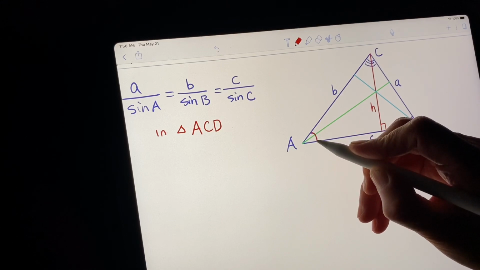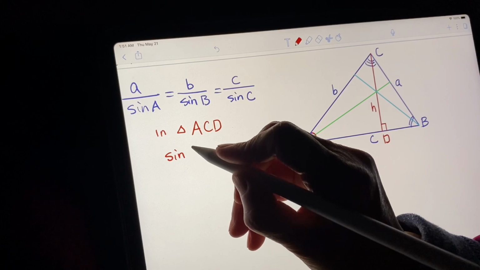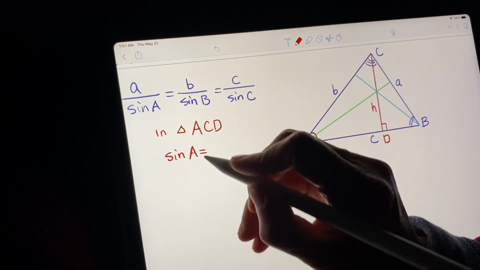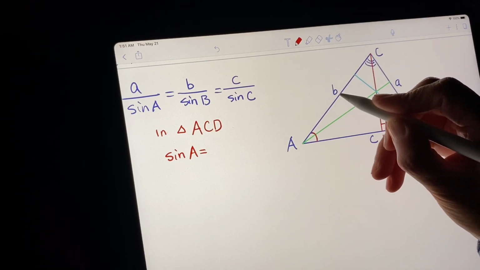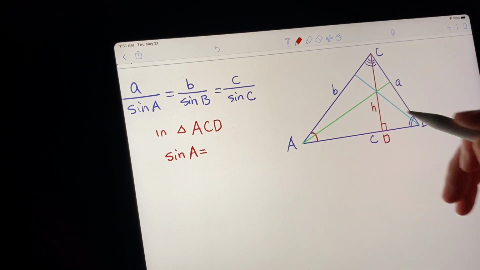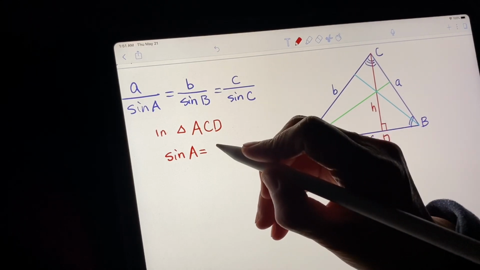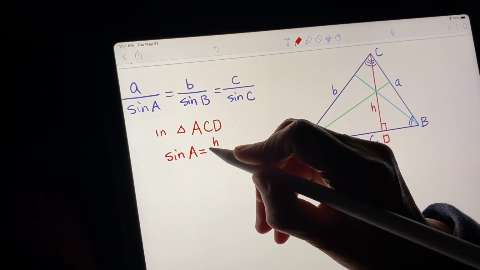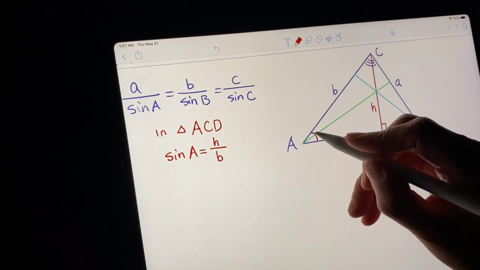Sine A is the height over the hypotenuse, which is b, opposite side over hypotenuse. So it's h over b. This is sine A.